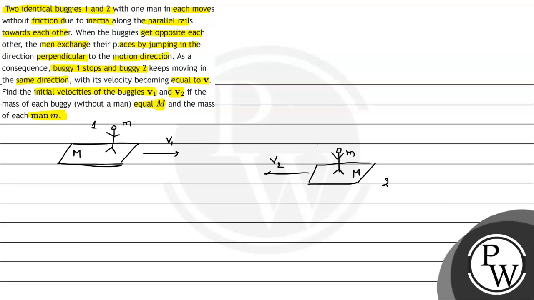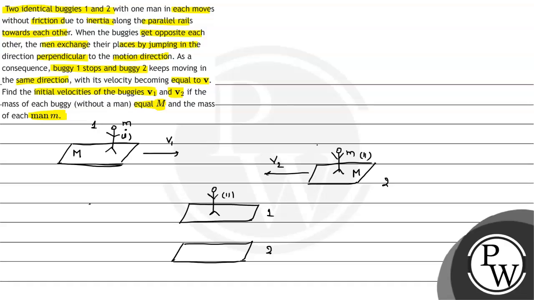So we have to find v1 and v2, and we are given that when they cross each other, let's suppose they cross each other at this point. Let this be buggy 1 and this is buggy 2. Both of the men exchange their places. Let this be man 1 and this be man 2.